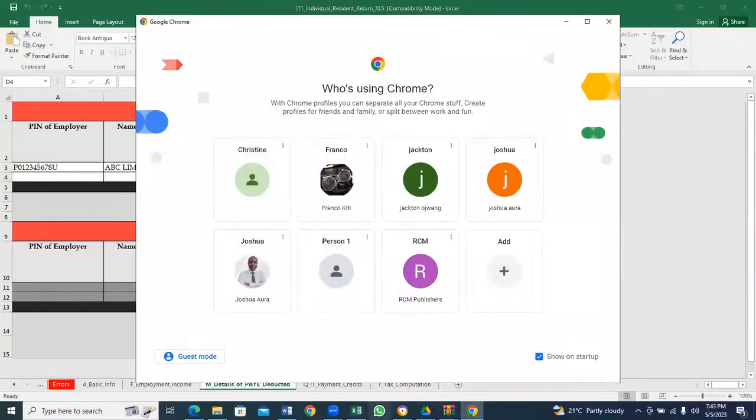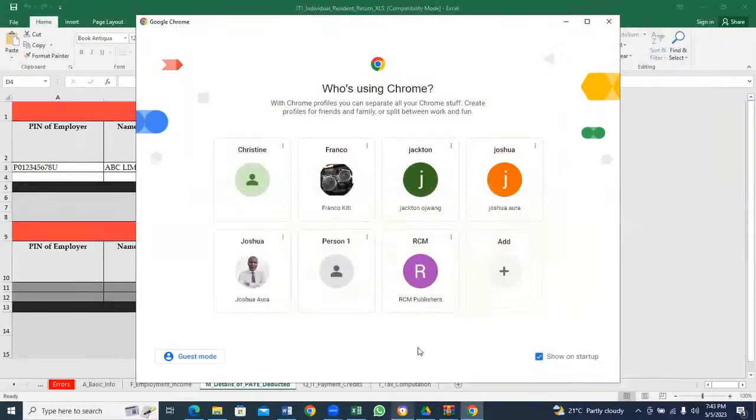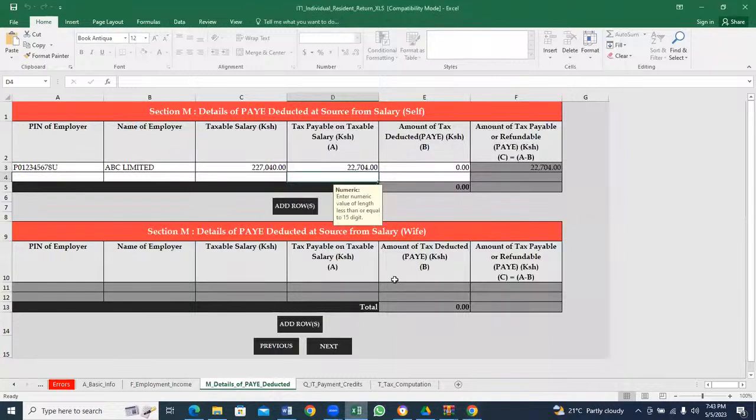Personal relief, 28,800. So you can see this clearly. The tax payable is 22, lakini hakuna kitu analipa.